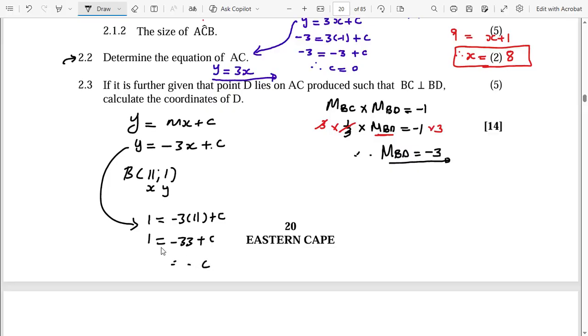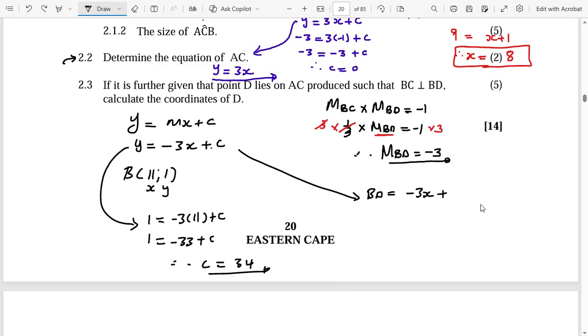Therefore, what is c if you bring the 33 to the other side? The value of c is just 34. So now this gives us the equation of BD to be y equals -3x plus c, which is 34. So y equals -3x plus 34. Now you have the equation of BD.